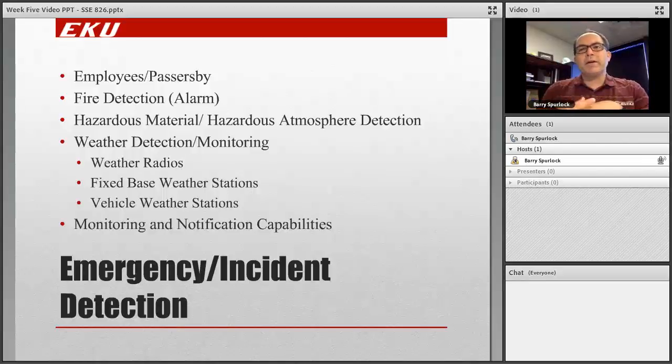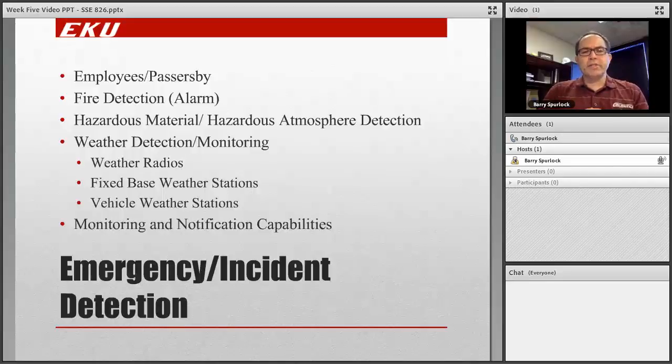But it's not always a fire alarm. It may be reporting it to security. It may be picking up a phone and dialing an emergency number within a facility. So we have to think carefully about how employees or passersby might detect the emergency and train them on what their actions are in providing the necessary step to notify people of the situation.